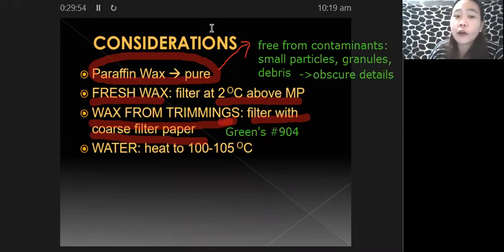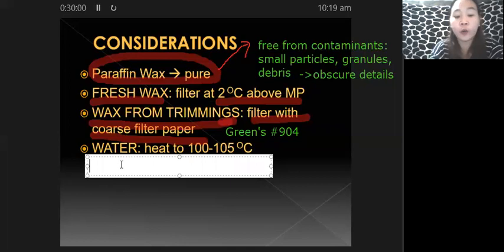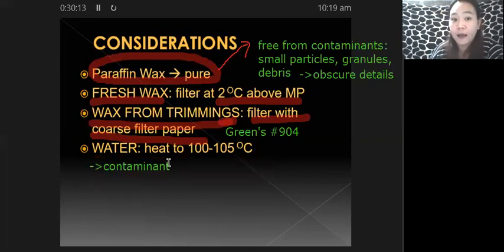Another contaminant which may be present in your paraffin is water molecules. Why is it a contaminant? Because take note that water is not soluble in your paraffin. So that's why you have to remove it. Otherwise, it will also be incorporated in your tissue sample. So how do you remove water molecules? You let it evaporate.